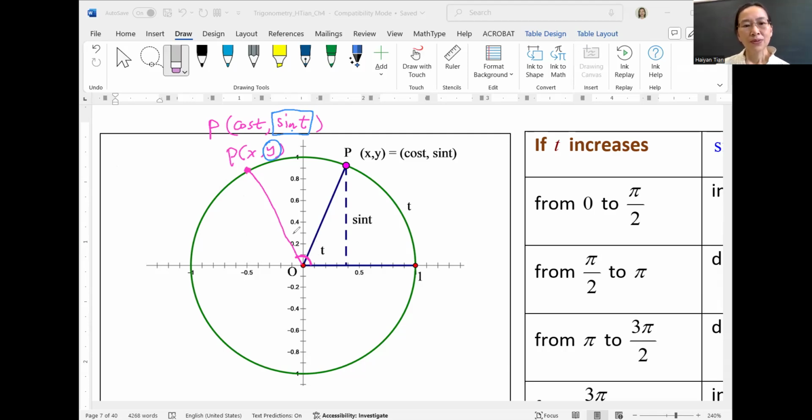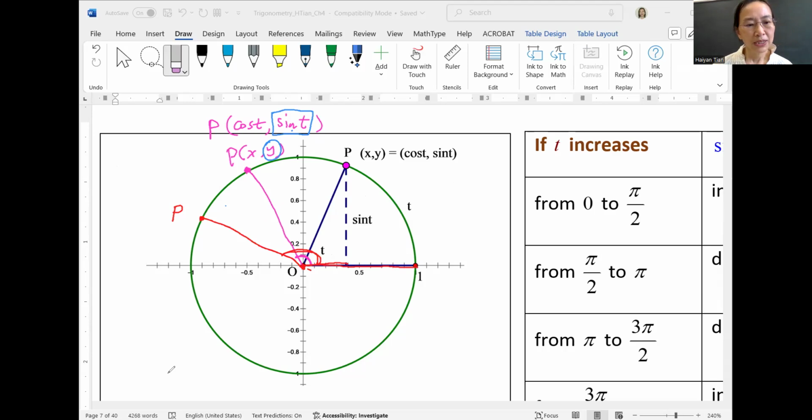So what happens is that when t increases, let's pick two separate locations. One is the pink, one is red. So let's assume I have another point P corresponding to a different t in the second quadrant. So here, this is another t, right? Oh, they share the initial side because they are both in standard position. So here we're looking at the second quadrant.